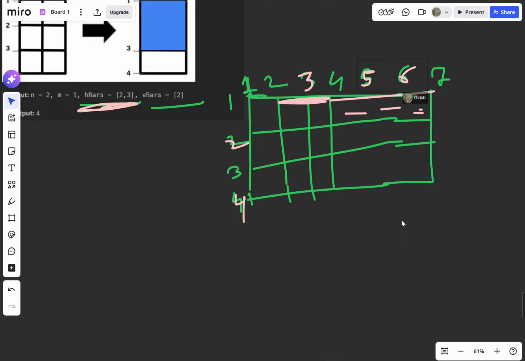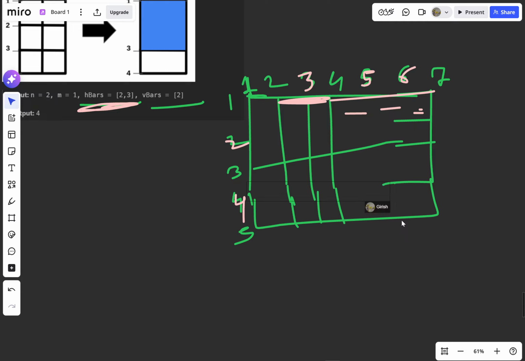Okay, so now after removing this we can remove 2 and, sorry, we cannot remove 4, so we will add here the 5 also. Now we can remove 2 or we can remove 4 also.